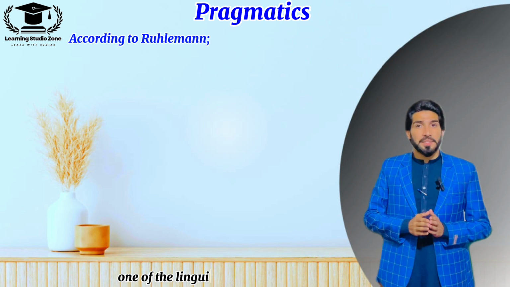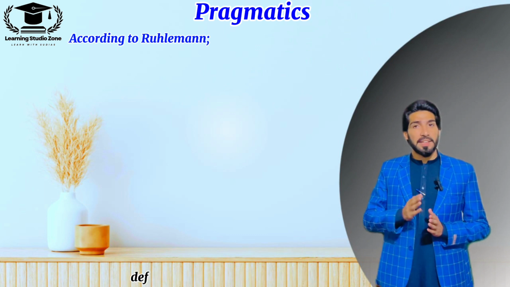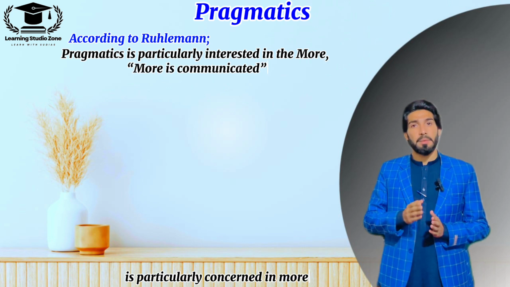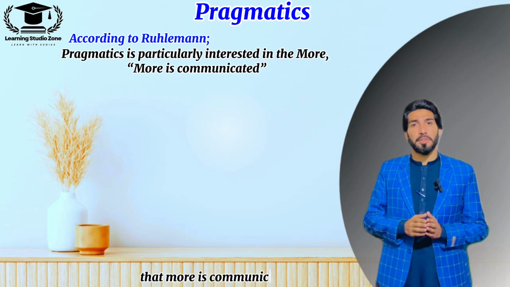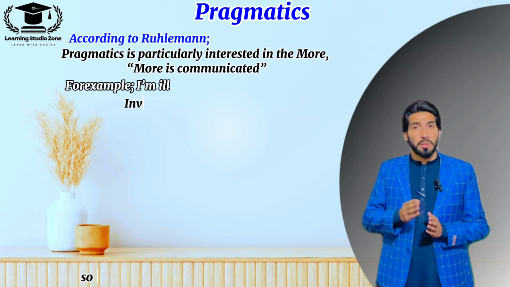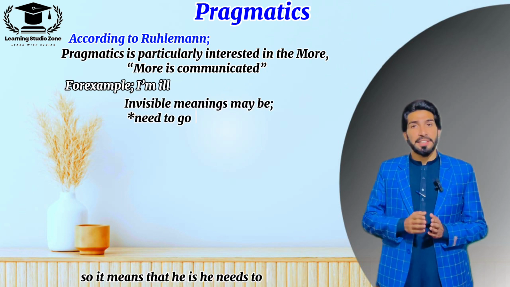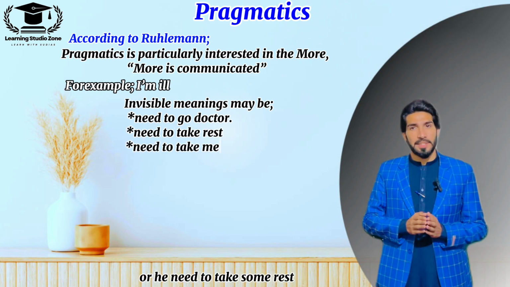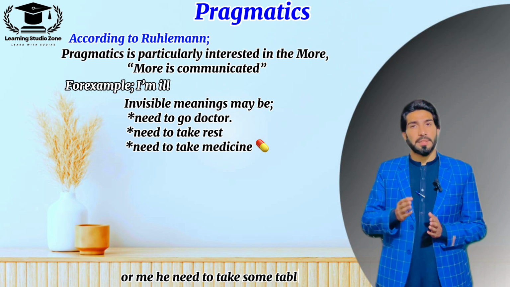One of the linguists, named Rolleman, defined pragmatics as being particularly concerned with how more is communicated. For example, if someone says I am ill, it means that he needs to go to the doctor, or he needs to take some rest, or he needs to take some tablets.